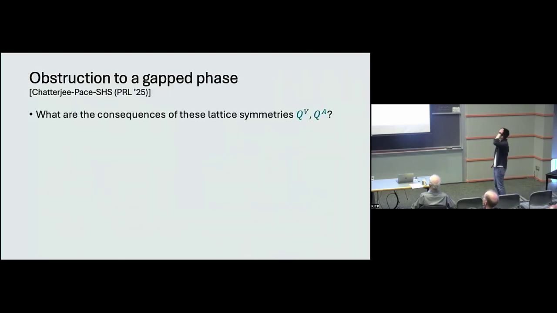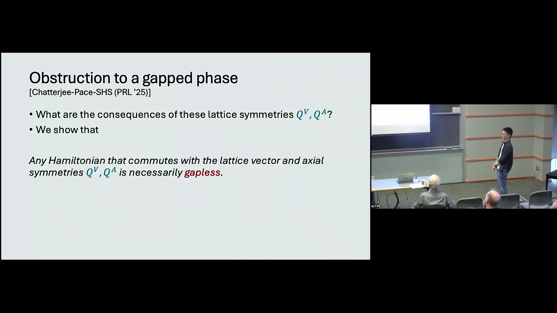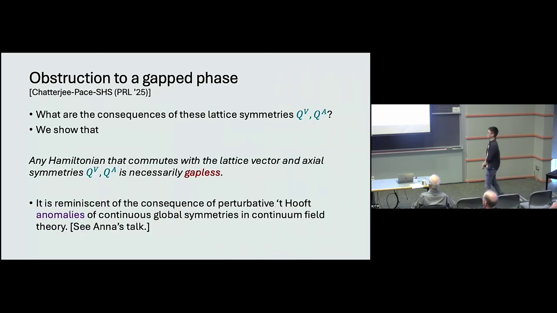Let me quickly say that you can ask, what are the consequences of these two symmetries? We show that any Hamiltonian that commutes with the lattice vector and axial symmetry QV and QA is necessarily gapless. So this is very reminiscent of the consequence of a perturbative 't Hooft anomaly of continuous global symmetry in quantum field theory. And this comment was also made in Anna's talk.